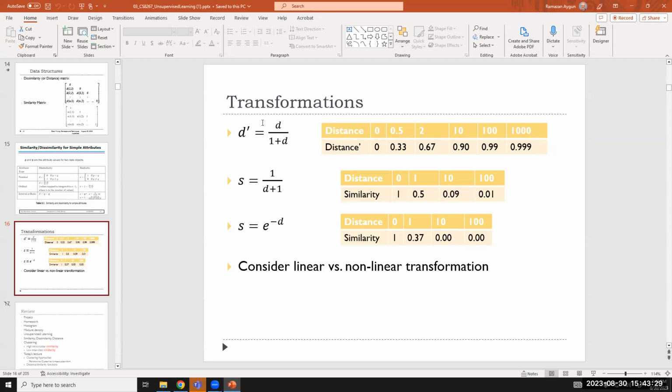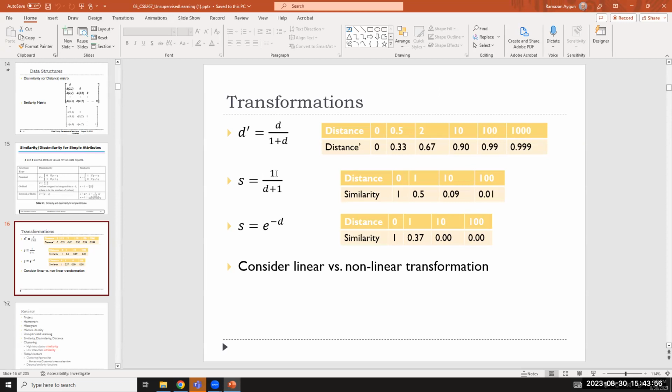But if you want to limit the range between 0 and 1 for every value, then you can use this formula: d prime equals d over 1 plus d, and for 1000 it will be 0.99. This still has a limitation, right? If you look at 100 and 1000, the value is not that different.